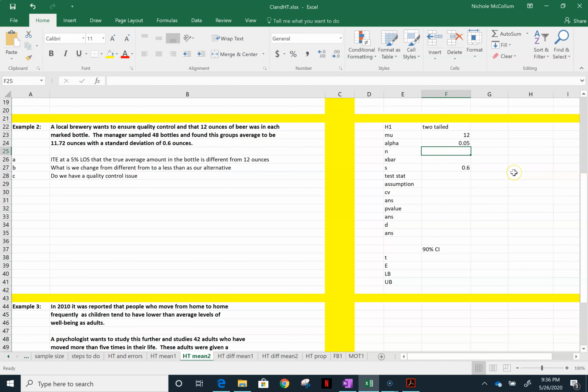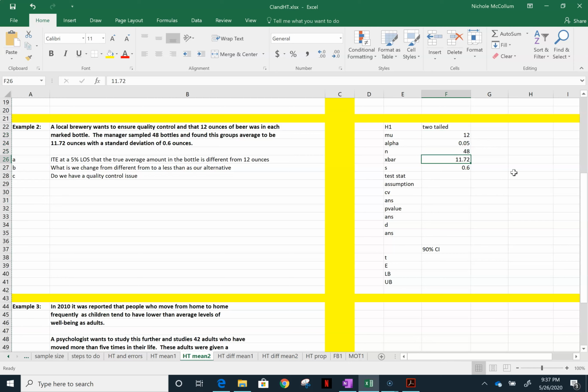All right, let's do the study. How many beers are we going to sample today? 48 beers we take off the machines, and we measure out how much beer was in each one. We average up those 48 beers, and we found 11.72 ounces with a standard deviation of 0.6. Here's the big question. Is 11.72 that far away from 12? That's really what it comes down to.